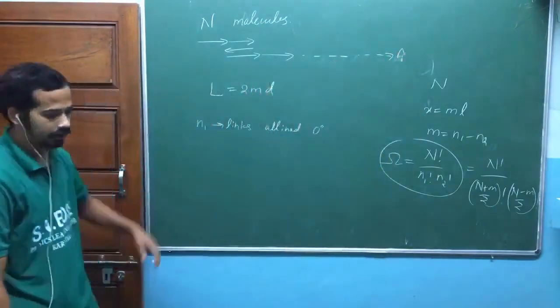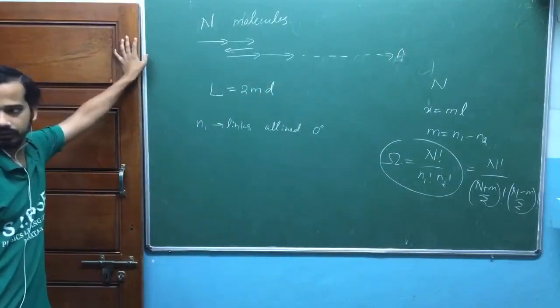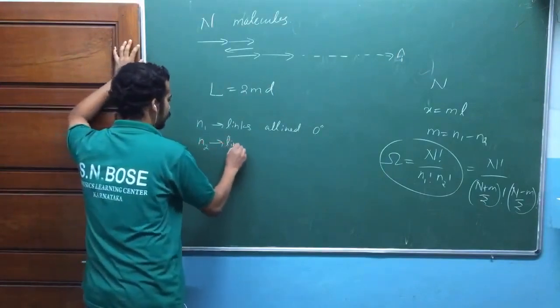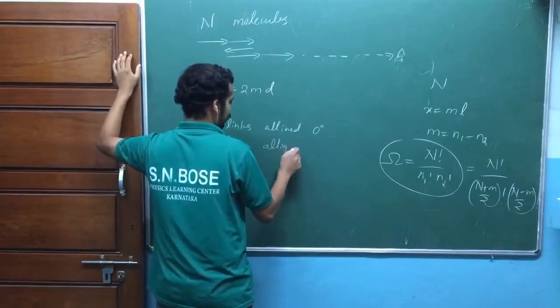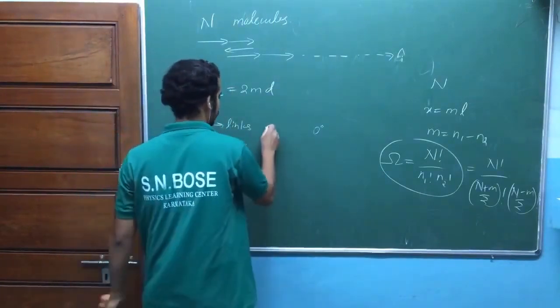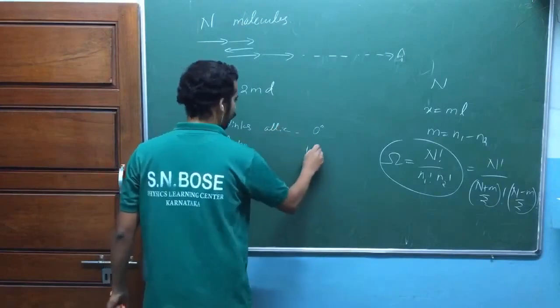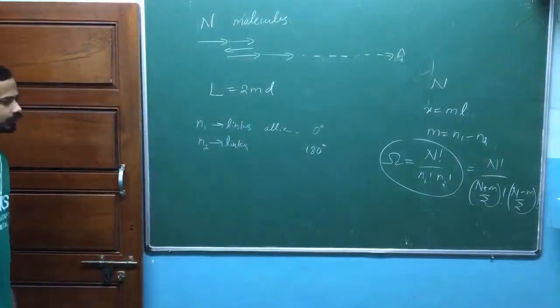So there are n1 links aligned at 0 degree to the x-axis, and n2 links aligned at 180 degree. N1 links with 0 degree, N2 links with 180 degree.